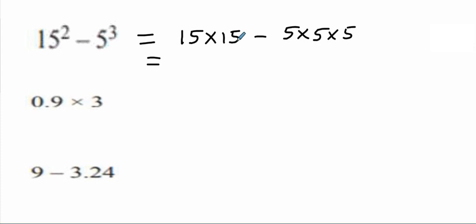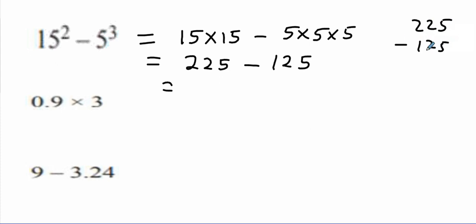Okay, what is 15 times 15? You can check that, but the answer is 225. And what is 5 times 5 times 5? You can check that, but the answer is 125. When you subtract that, 225 minus 125, what is the answer? That is 0. This is 0, and this is 100.